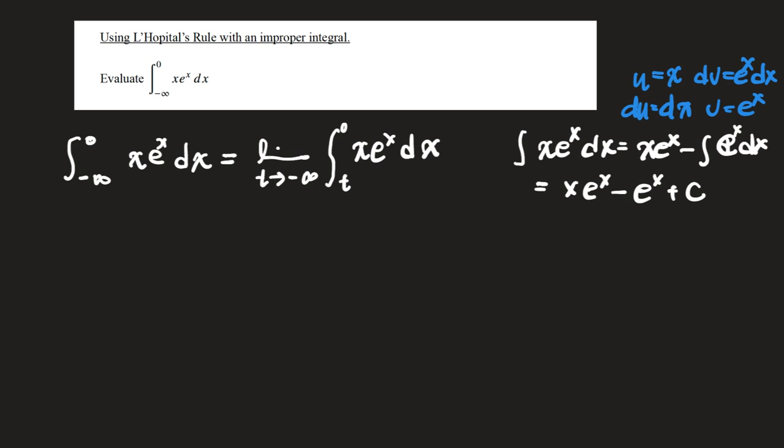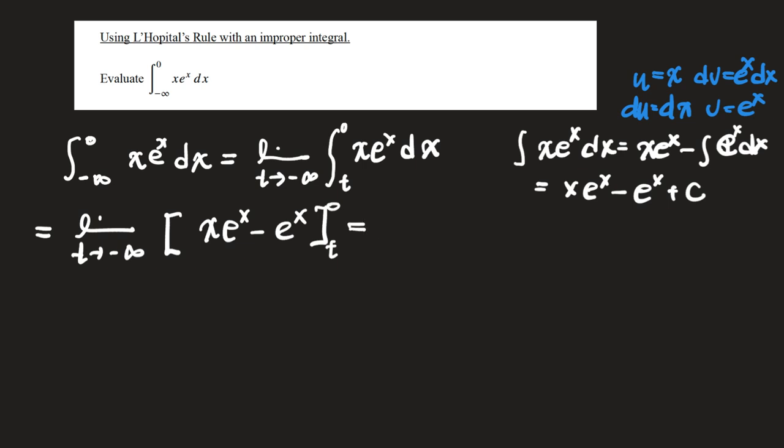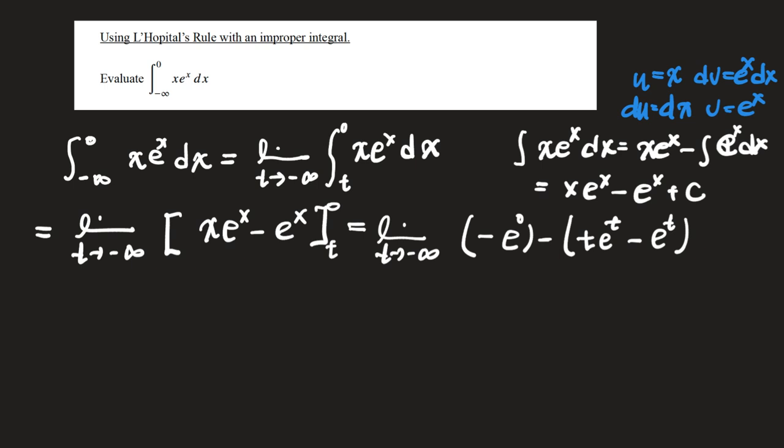So plugging back in, the limit as t approaches negative infinity of x e^x minus e^x. You don't need the C because this is a definite integral from t to 0. So plug in the 0 first: 0 times e^0 is 0, minus e^0, minus parentheses, t e^t minus e^t. Now e^0 is 1.